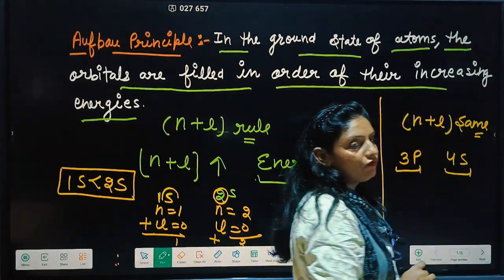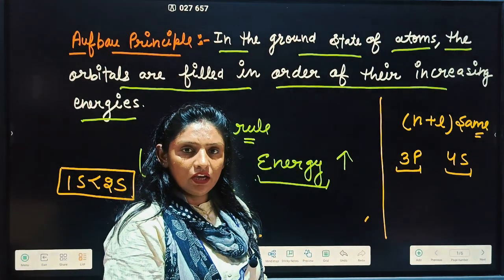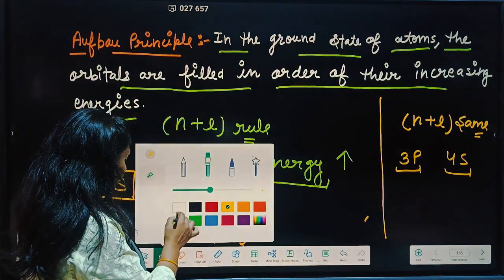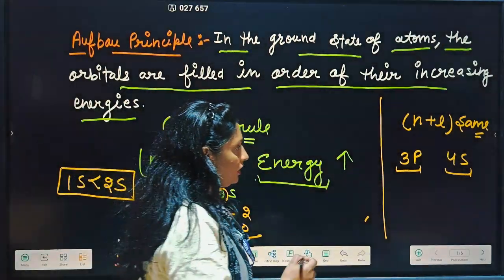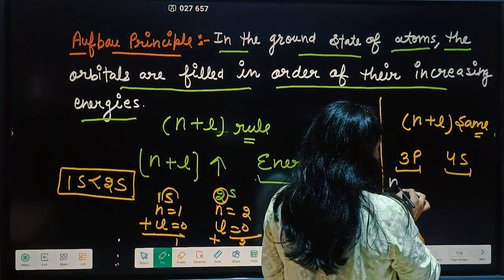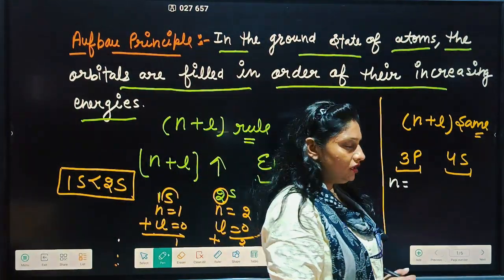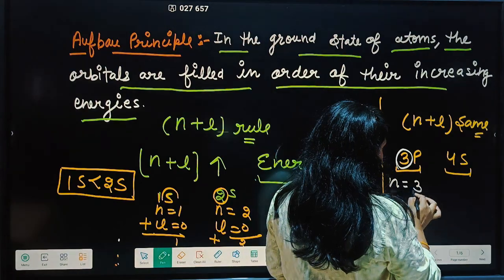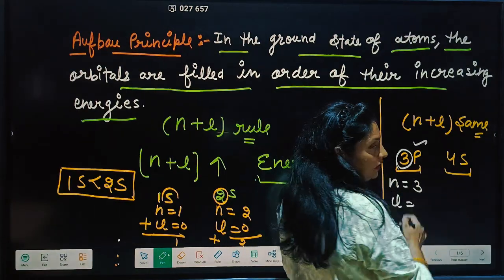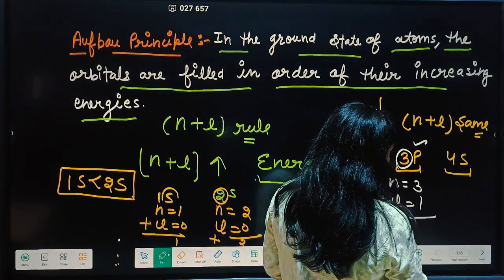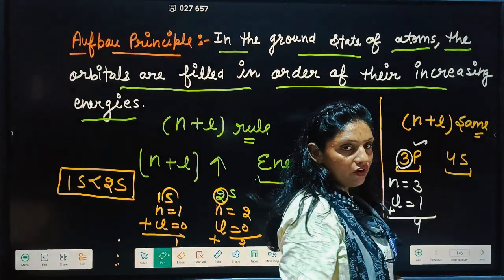If you calculate the value of n plus L here for 3p, what is the value of n? 3. And the value of L for p orbital? 1. Then n plus L value is 4 here.